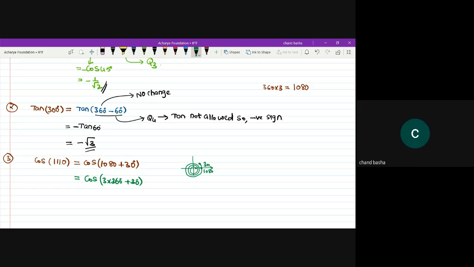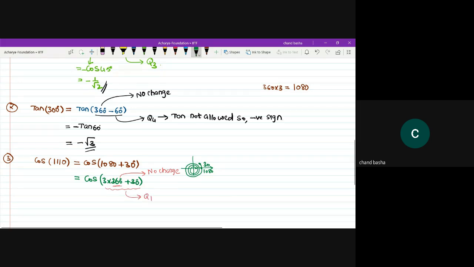1080 plus 30 means which quadrant? First quadrant. That is important. Very good. So here, with 360, there is no change in the trigonometric ratio. And 360 plus theta means it is quadrant number 1.